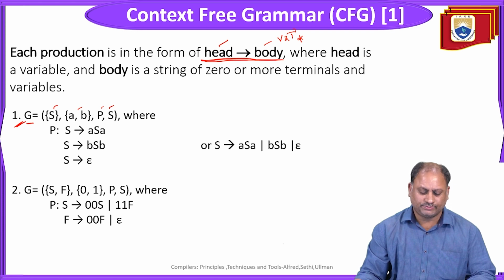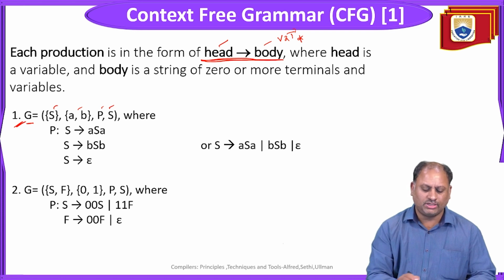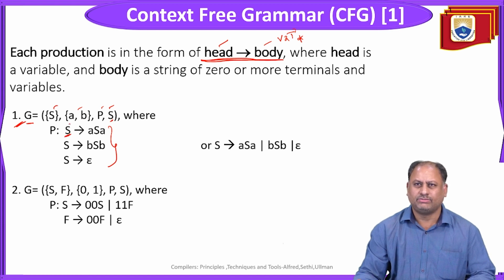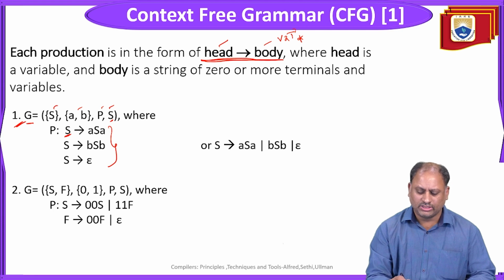What are the variables? Yes, S is the variable. What are the terminals? A comma B. What are the productions? P defines these productions. And what is the start symbol? That can also be written as S derives.